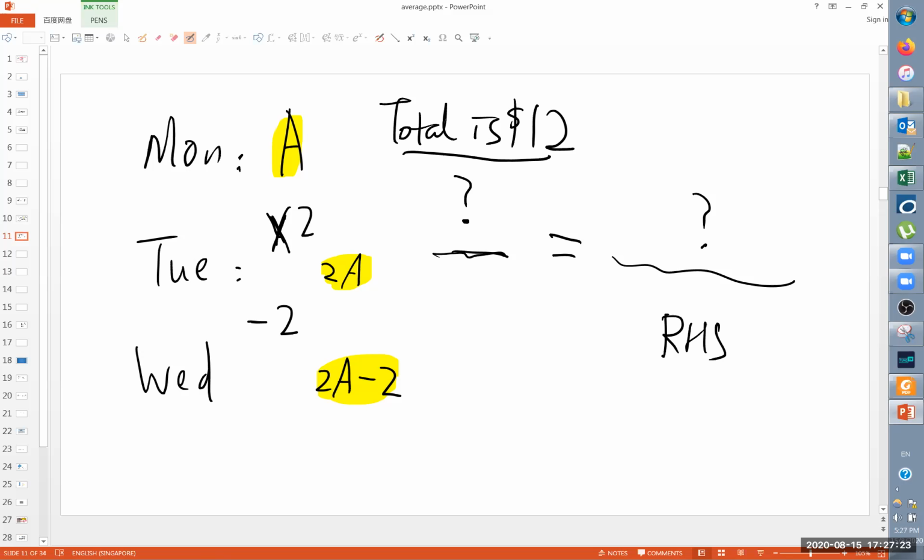Does it make sense? 2 classes means 2 plus 1 plus. Does it make sense? 2a is what? Times, plus, divide, minus. What's that? You have 1 class, you suddenly become 2 classes. What is the operation? Times. Yeah.